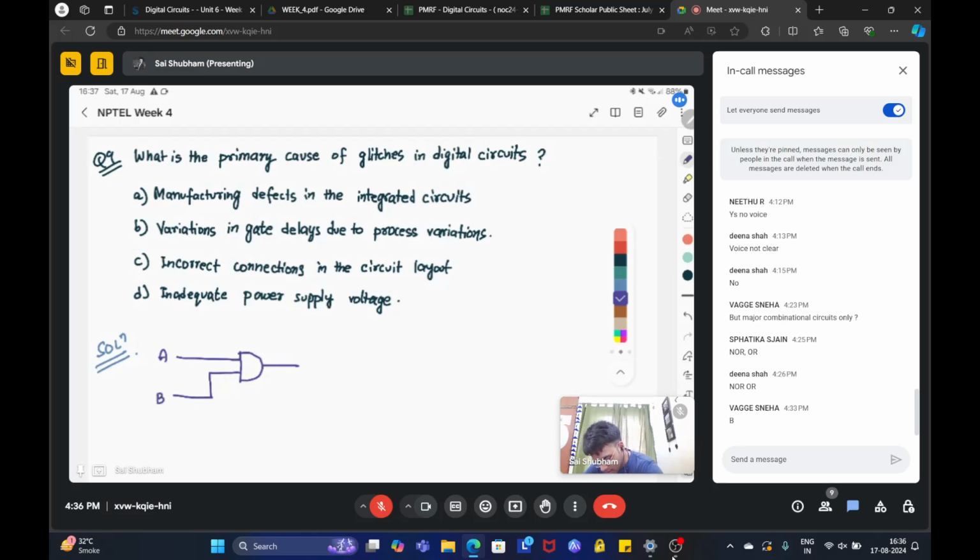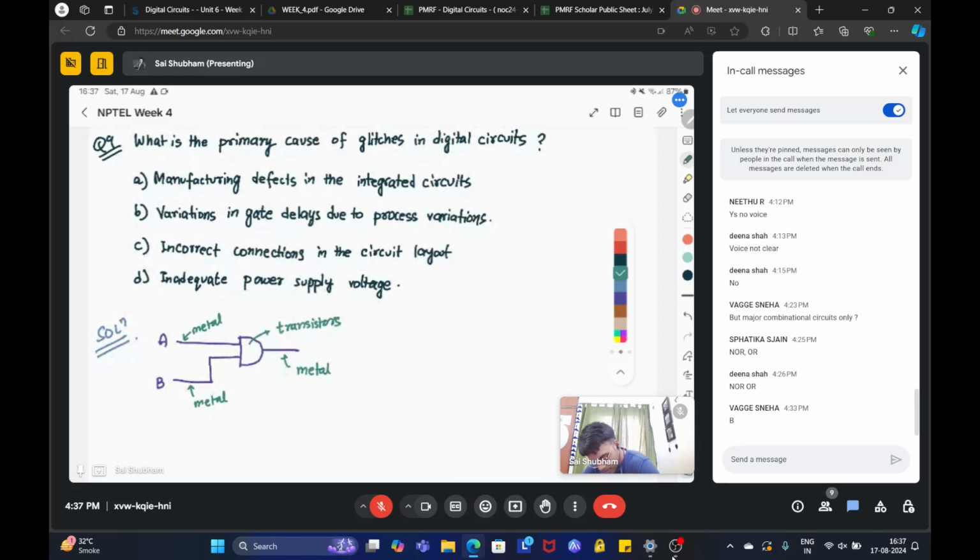There is a possibility that when you are, suppose, how would this actually look like? This is a metal line. This is also a metal line. This will have transistors. Suppose this is a NAND gate. Okay. It will be easier to explain.